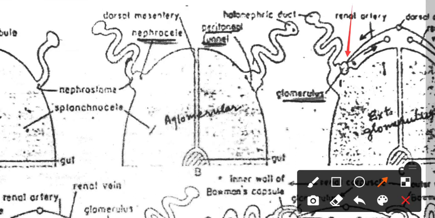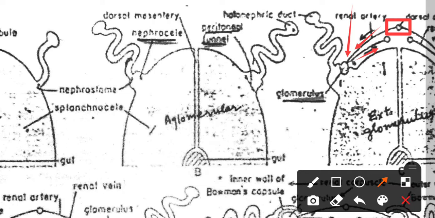This is the dorsal blood vessel, the dorsal aorta, from which the blood is coming towards the glomerulus, forming the renal artery. And this is the renal vein, which is going to the cardinal veins, so they are taking back the blood.